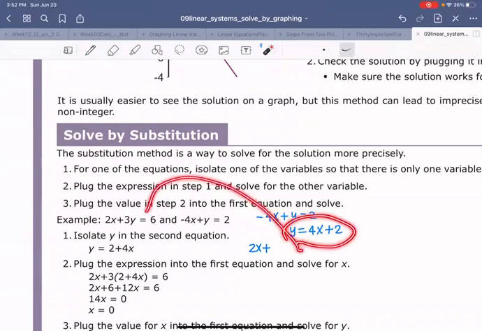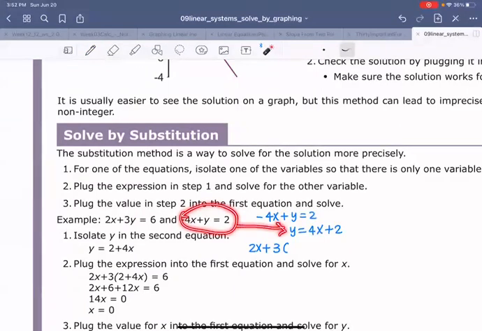You want to plug y equals 4x plus 2 into the other equation to take the y away. So 2x plus 3 times (4x plus 2) equals 6.